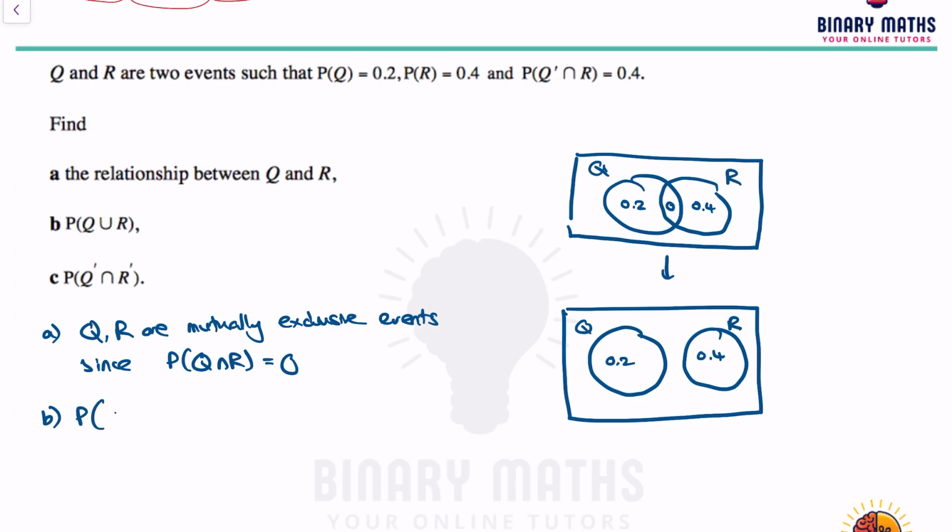B, probability of Q union R, because they're mutually exclusive events, is equal to probability of Q plus probability of R, which is equal to 0.2 plus 0.4, which is equal to 0.6.